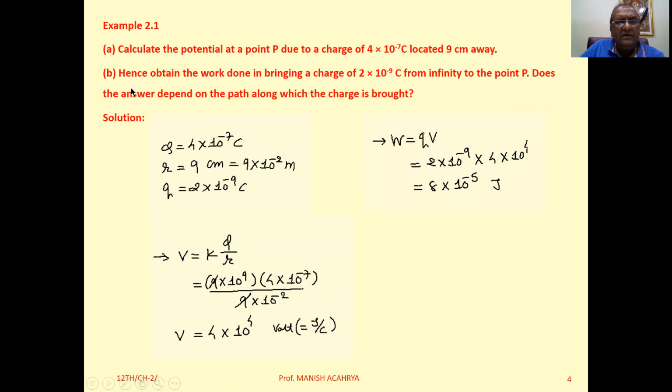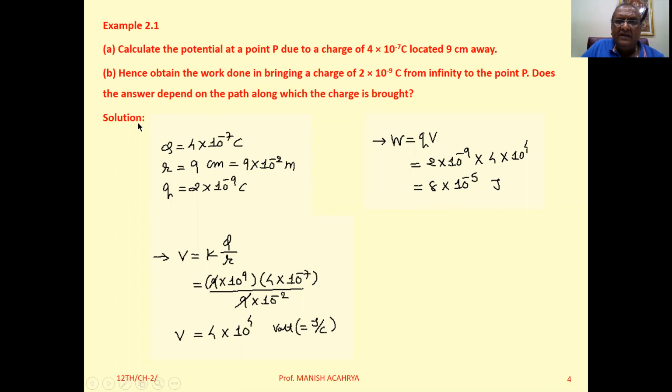Now, second question. See, potential at any point is nothing but the work done in bringing unit positive charge from infinity. Now here we want to bring charge q from infinity to that point. So total work done is q into V. Simple thing. q is 2 into 10 raised to minus 9 into 4 into 10 raised to 4, and you will get the answer 8 into 10 raised to minus 5 joule.